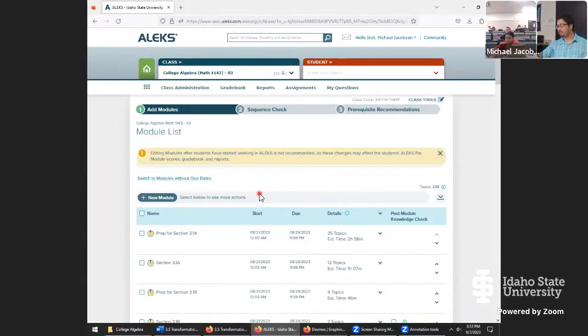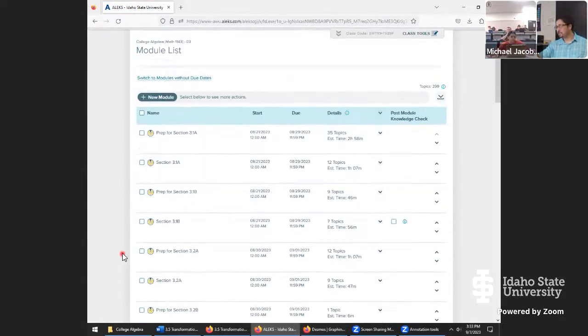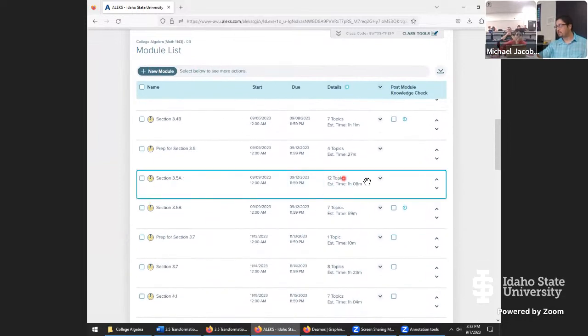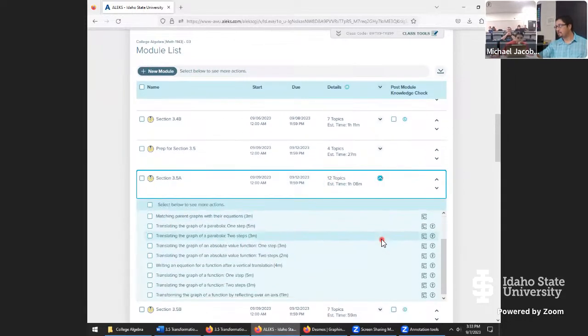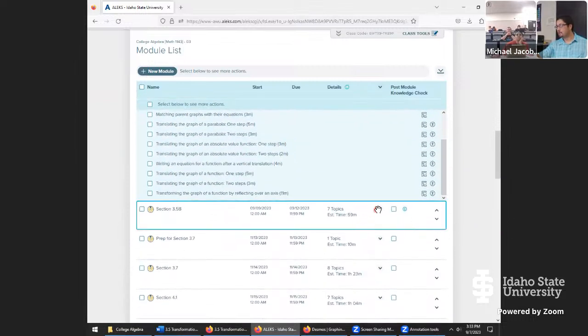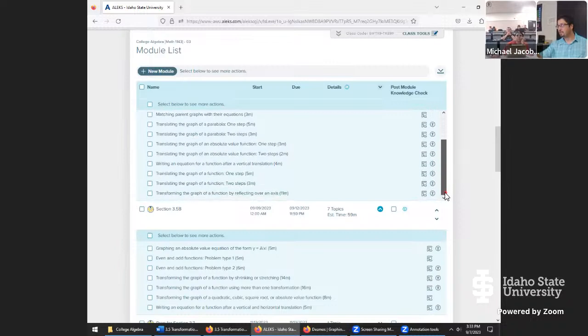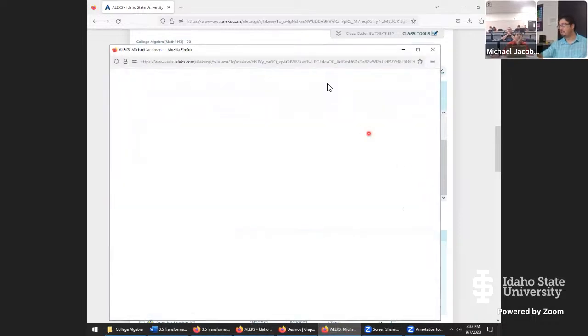Kind of fancy in a way. This is what the math department set up for us. We are in section 3.5 as a part A, a part B. Now let's take a look here. Translating graph of a function, 2 steps. That already sounds pretty good.